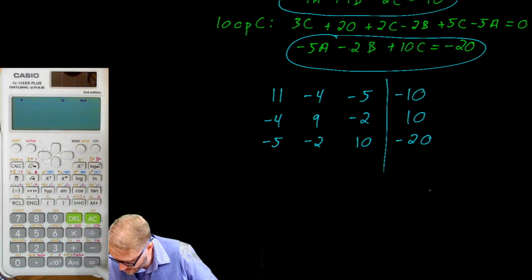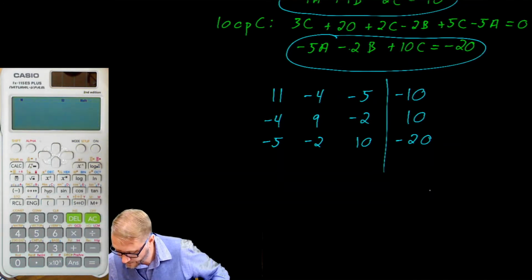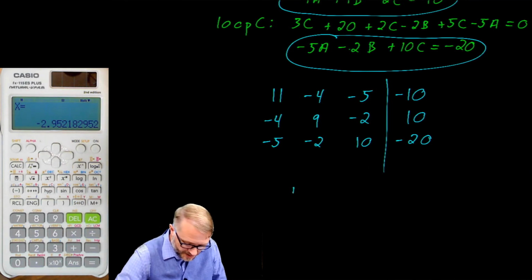So if you make a mistake, you can walk back into the table. So 11, negative 4, negative 5, negative 10, negative 4, 9, negative 2, 10, negative 5, negative 2, 10, negative 20. Okay, good.